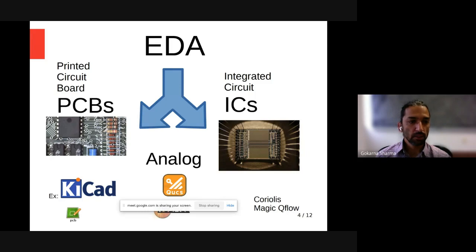So for example, with printed circuit boards and integrated circuits, before you manufacture the chip, you can test your chip by writing the implementation in electronic design automation software, and then you can use the PCBs and others to verify.